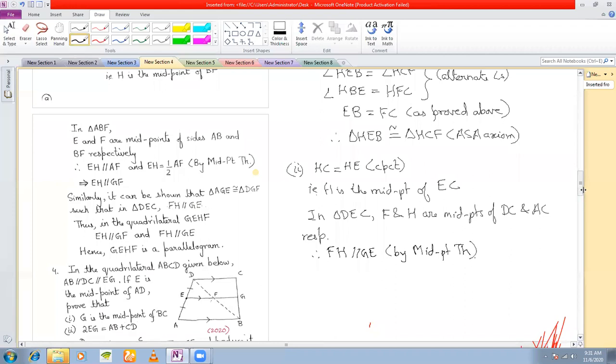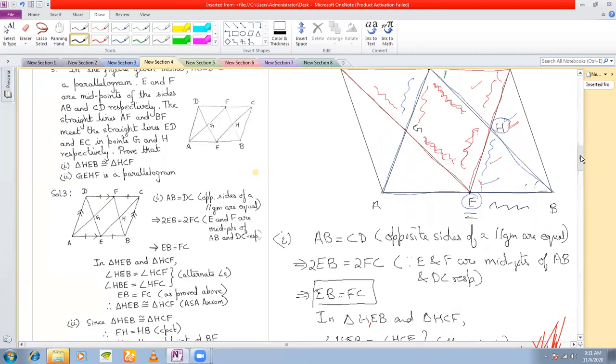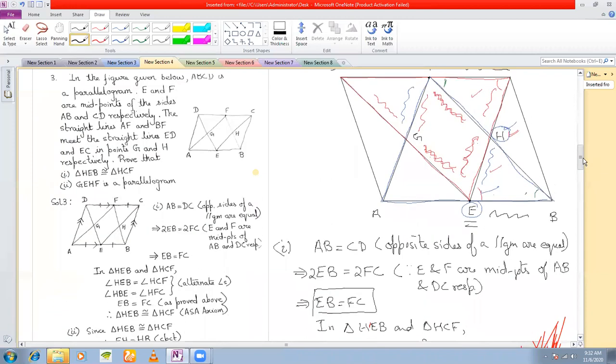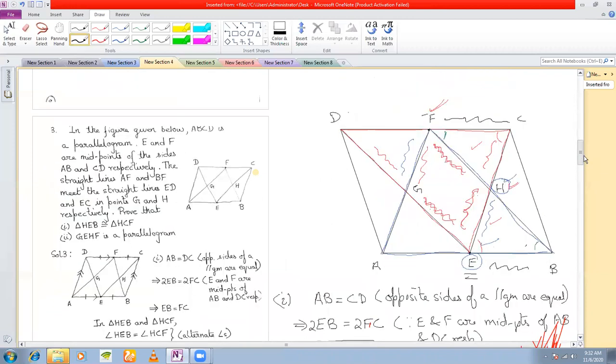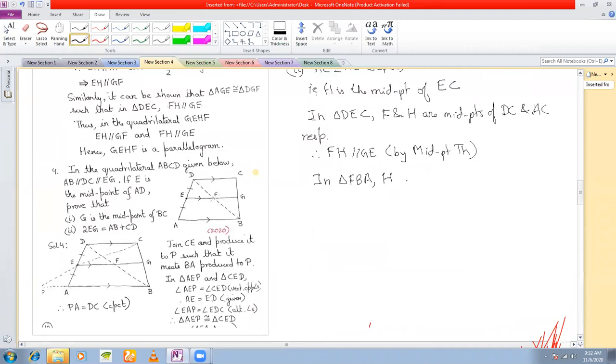Okay, and now we consider the blue triangle that I have drawn here. The blue triangle here is FBA. In triangle FBA, H and E are midpoints of what sides?